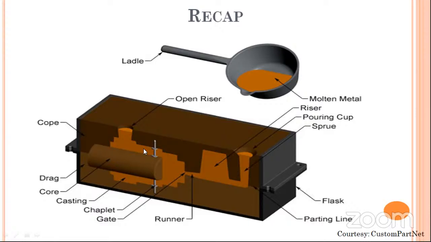Now the question is, why should the molten metal go only from the riser but not from the ingate or the runner? Is that clear? Why should the molten metal fill from the riser but not from the ingate?